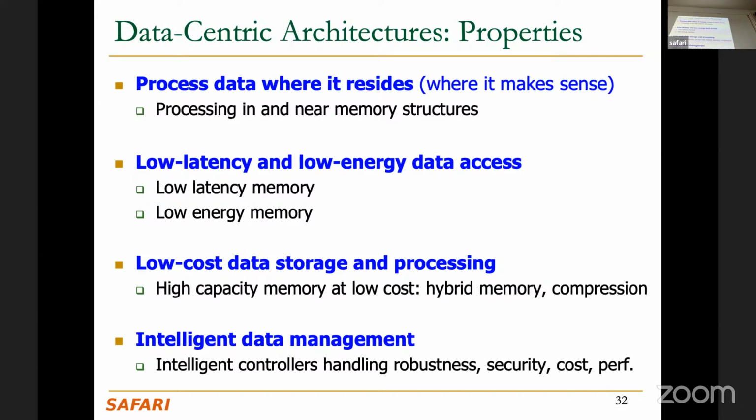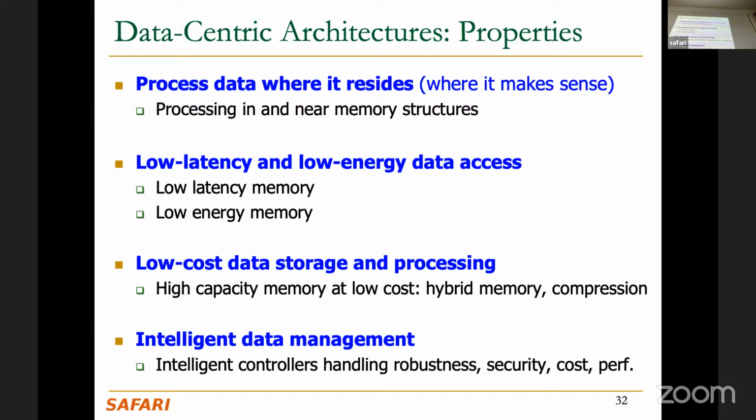For example, if data is cold, let's say is not very frequently used, you can probably place it in a slower memory that will probably be higher capacity, but at the same time probably cheaper. But if you have data that you're going to use very frequently, you probably prefer to place it in a more expensive memory that is faster and probably smaller as well. That's just to give you an example.